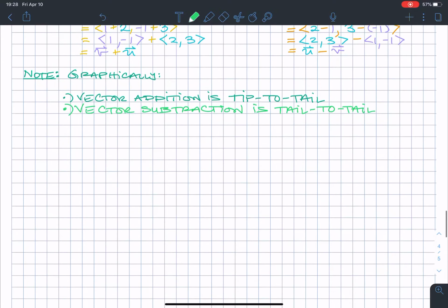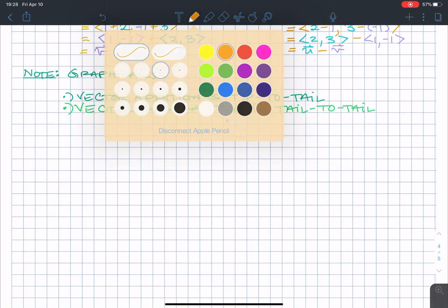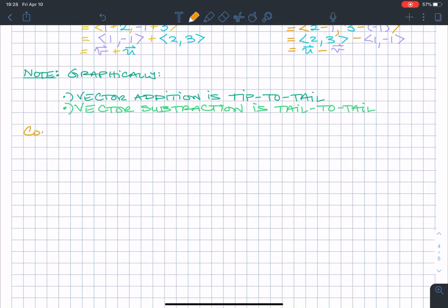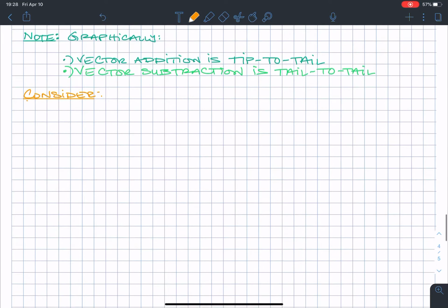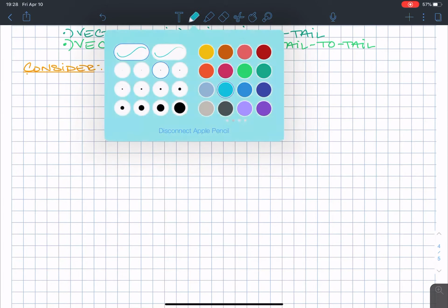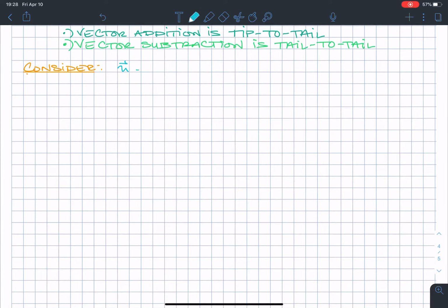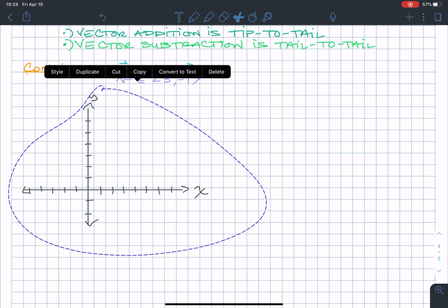Okay, so let's consider. Let's have vector u be 2, 2. And say vector v be 3, -1. I don't know if I have enough there. Actually, let me undo that.